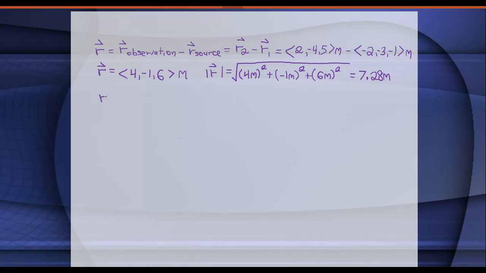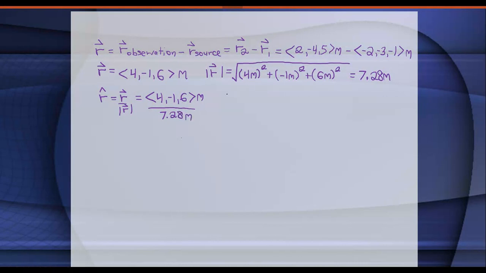Now, if we go back to the first math prep lesson, the unit vector r hat is equal to the vector r divided by the magnitude of that vector. So vector r is the ordered triple 4, -1, 6 meters, and we divide by the magnitude of that vector, which is 7.28 meters.